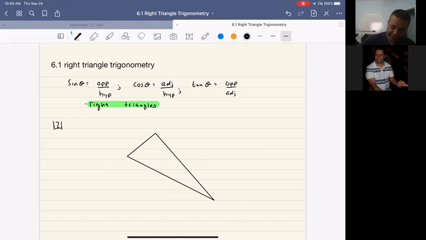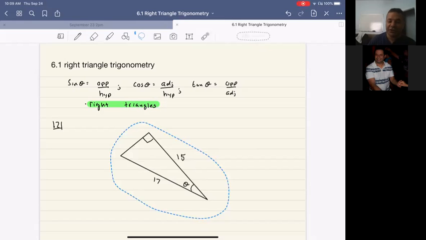We have a right angle here. They tell us this side is 15, this side is 17, and this angle is theta. We've got to find the six trigonometric functions for theta.